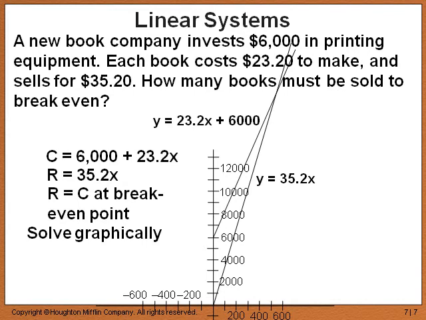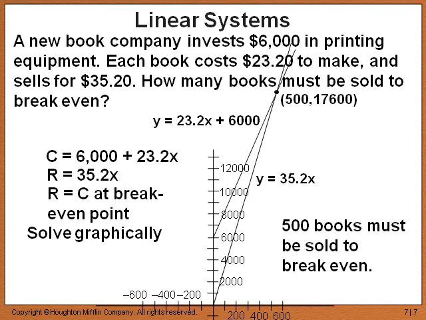And we can see that they do cross in a point. And again, you can use your function on the graphing calculator to find out that the exact point is (500, 17,600). So x coordinate 500, y coordinate 17,600. That means that 500 books must be sold to break even. That is the break-even point.